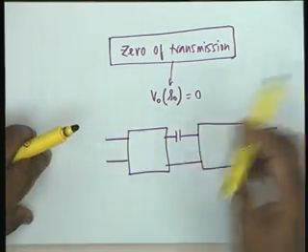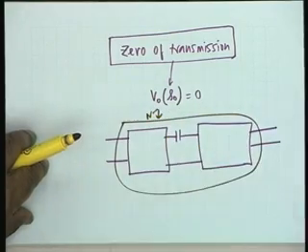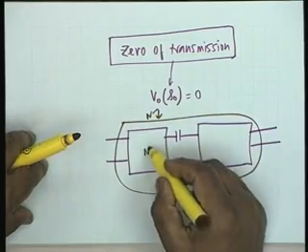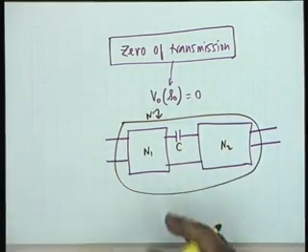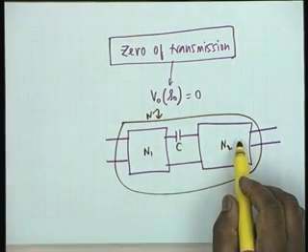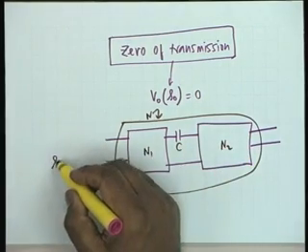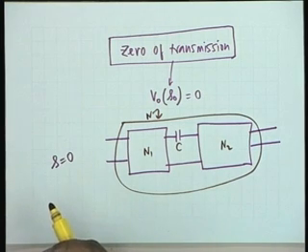Suppose this is my total network N, which is broken up into two sub-networks N1 and N2 and the capacitor C. Obviously, at DC, because of this capacitor, there will be no transmission to N2. So, S equal to 0 is a zero of transmission. Is that clear?